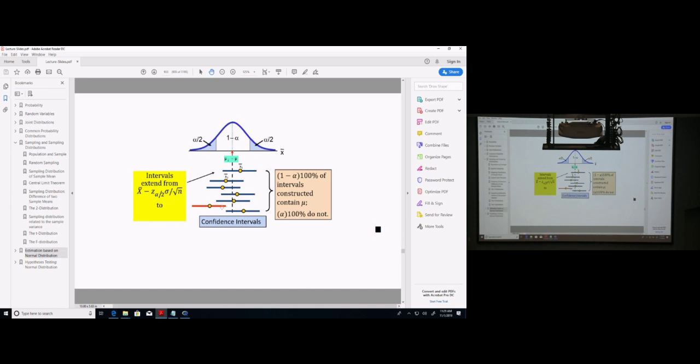You can't say with probability 95% it is in, because it is either in or out. The 95% refers to this: if you have many such confidence intervals, 95% of all these intervals will capture the mean mu.